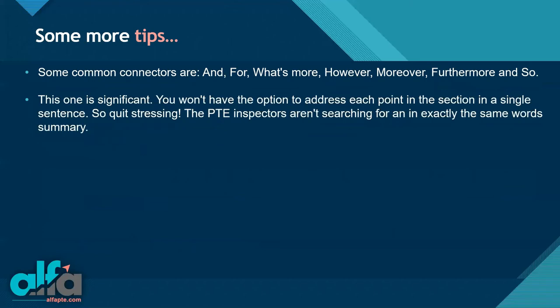This one is important, guys. You won't have the option to address each point, like I told you, in a single sentence. So don't stress. The PTE invigilators are not looking for the exact words in your summaries that are there in the entire paragraph, because they know it's not possible. So don't worry about it.